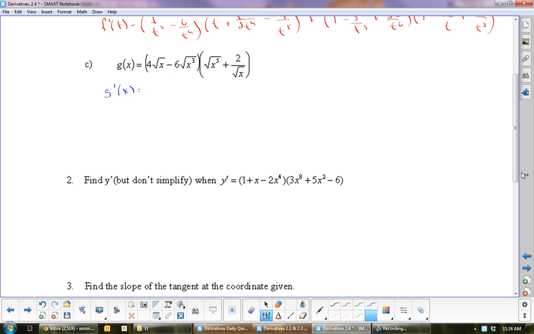Oh, actually, sorry, let's get it all to exponents: g of x is 4x to the 1/2 minus 6x to the 3 over 2, and that's x to the 5 over 2 plus 2x to the negative 1/2.